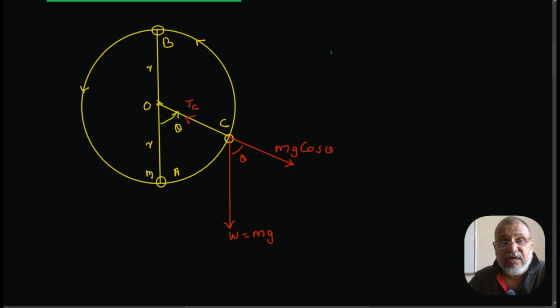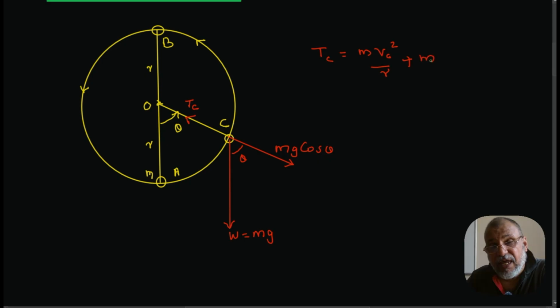Now we can write that the tension should provide the centripetal force, that is given by m vC squared over r, plus it should balance the component of the weight acting along the radius vector outward, which is mg cos theta. This is the general expression for the tension at any point on the string.